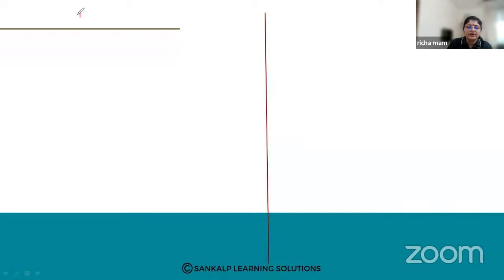Integrated rate equation for first order reaction. Okay, let me start. What are the steps?